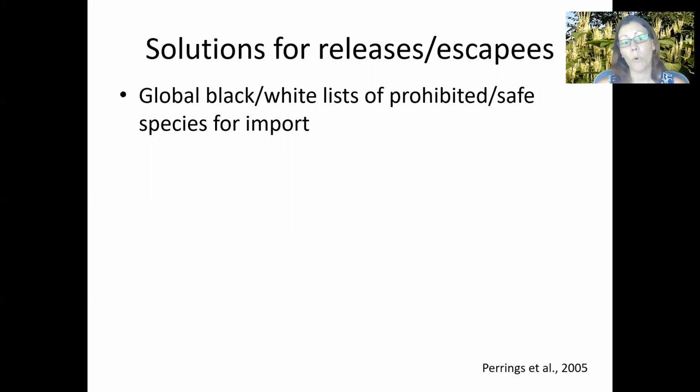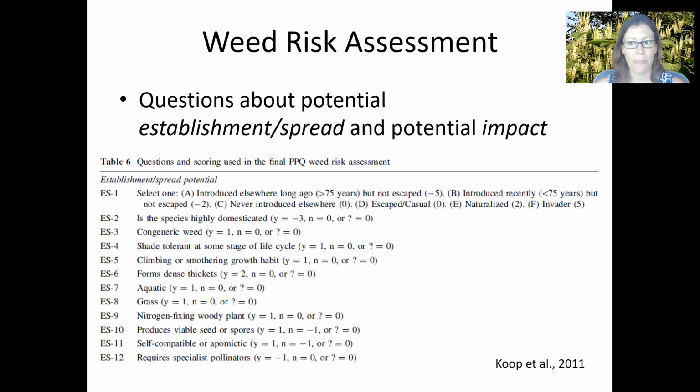This one looks like it's more likely to have impacts. So different colors are applied to some of these lists. Probably better terminology is a green list, okay to import, versus a red list, not okay to import. And you can do that if you know the identity of the species that are actually being imported.